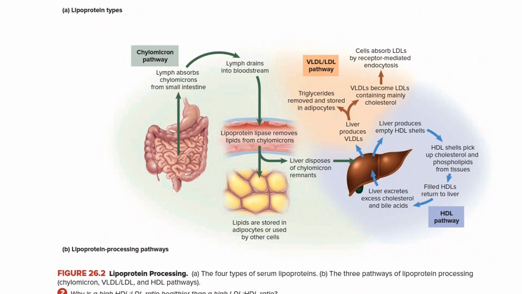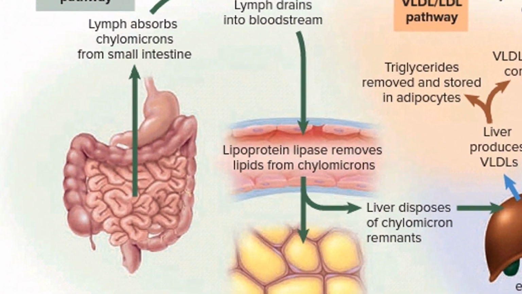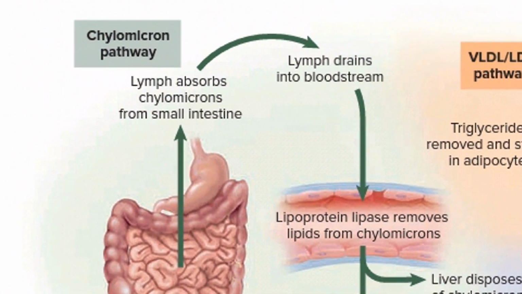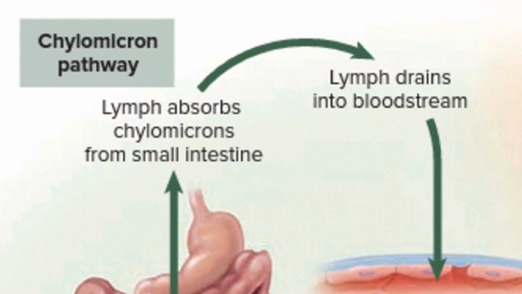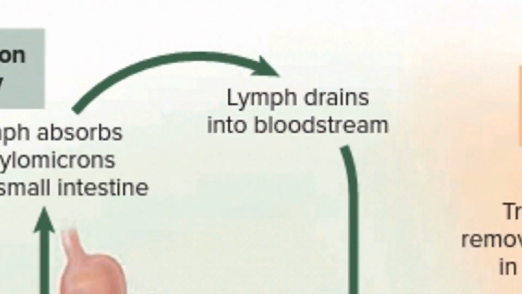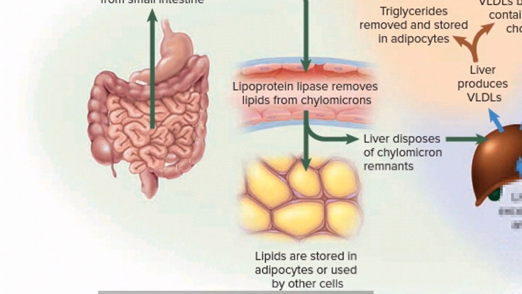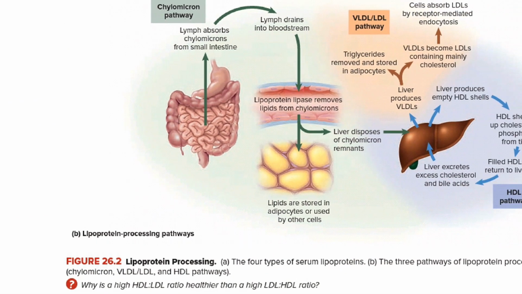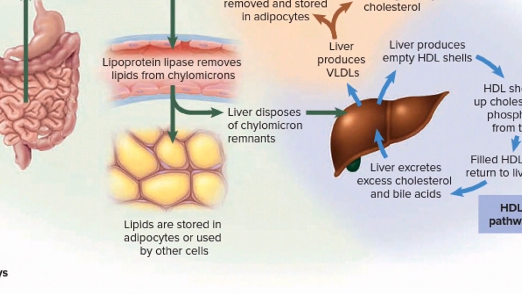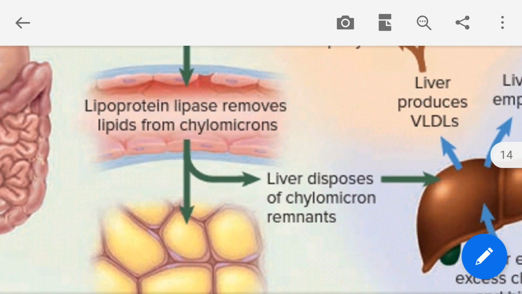Now here in this figure, you see this one is the GI tract, small intestine. Now with the green color arrow, you see lymph absorbs chylomicron from small intestine, that is in the lacteal. Then lymph drains into bloodstream, that is the venous blood. Then this is the blood capillary is shown. Now from blood, what happens to this chylomicron?